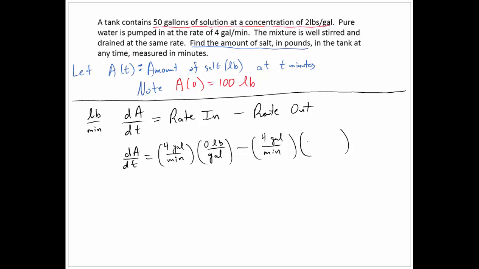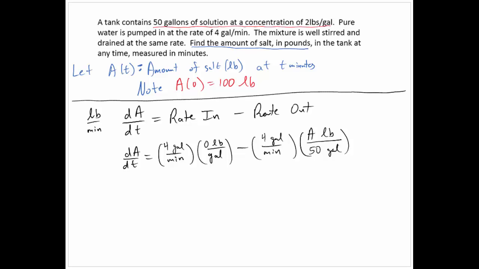Well, at any time, there are A pounds of salt, and there are 50 gallons in the tank, right? The solution's coming in and leaving at the same rate. So at any time, there's 50 gallons of solution in the tank. So it's leaving at a rate of 4 gallons per minute times A over 50 pounds per gallon.